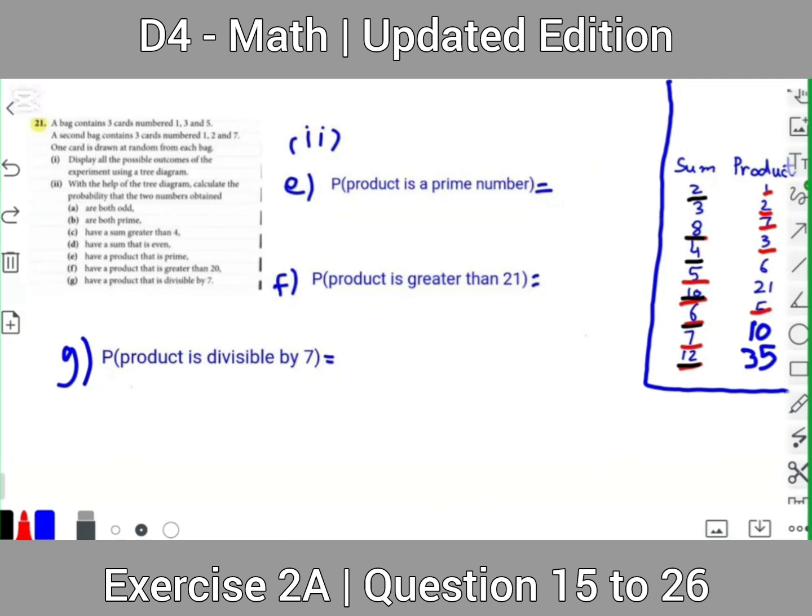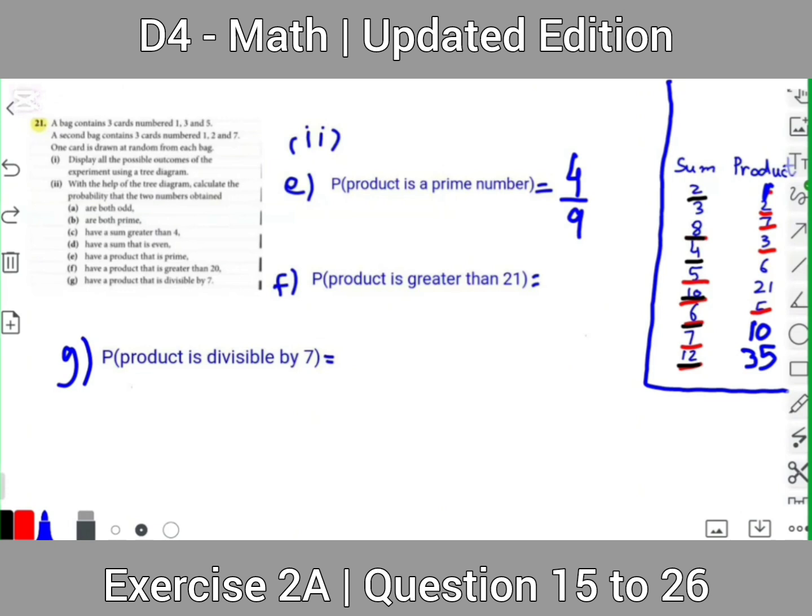So the number of favorable outcomes is 4, and the total number of outcomes is 9. So the probability that the product is a prime number is equal to 4/9.